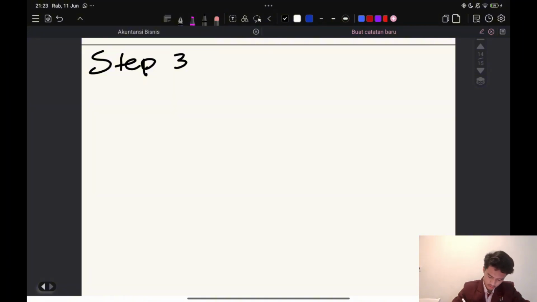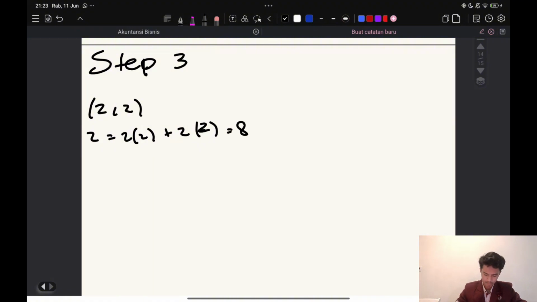For (2, 2), z = 2(2) + 2(2) = 8, and for (-2, -2), z = 2(-2) + 2(-2) = -8.